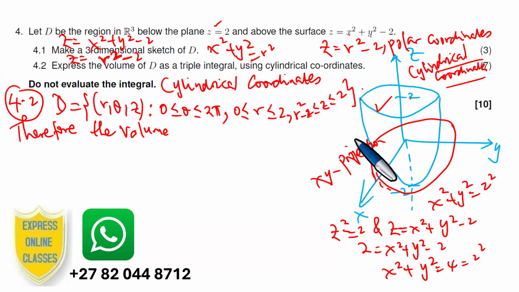But now let us analyze these together. So it is the paraboloid. The paraboloid is the equation z equals r squared minus 2. So it means that z is r squared minus 2. That is this one.